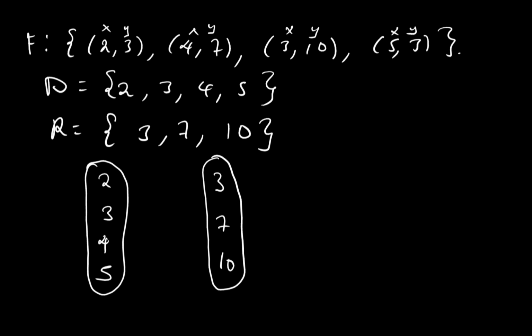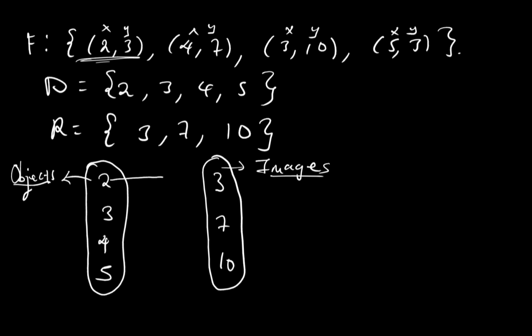Now, one thing you should know is that the elements that we have in the domain are called the objects. And the elements we have in our range are regarded as the image. So objects are mapped onto the image. So these are the images we have. As you can see, the first pair of the relation is (2, 3).